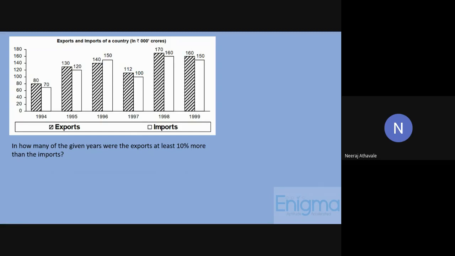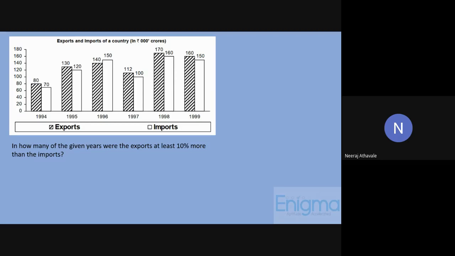Okay, which are the 2 years you're getting? 94 and 97. 94 and 97. Okay, let's see. Okay, perfect.